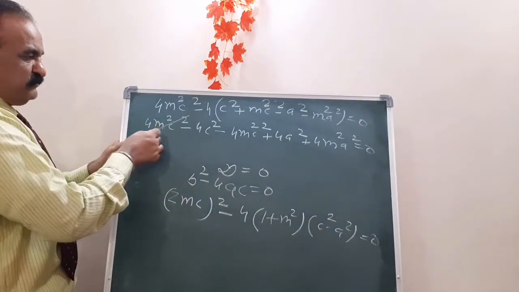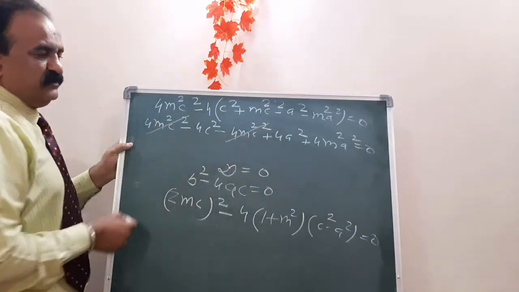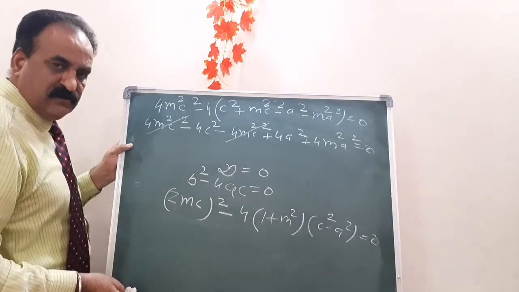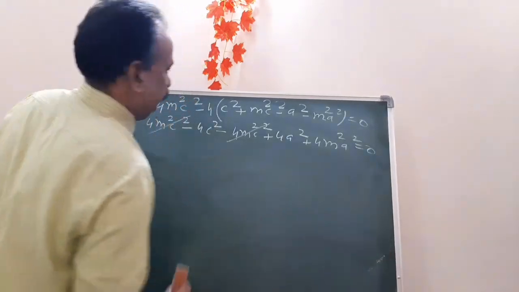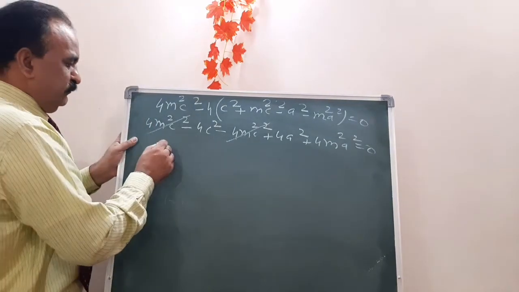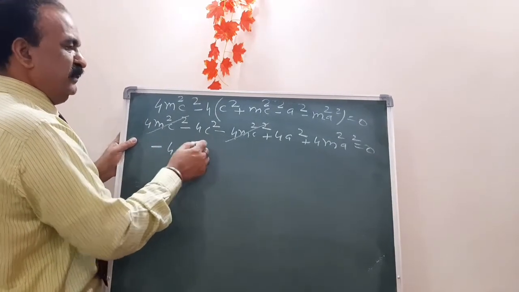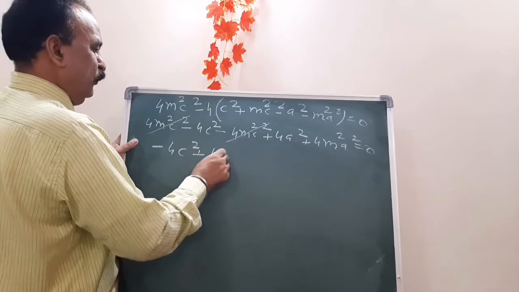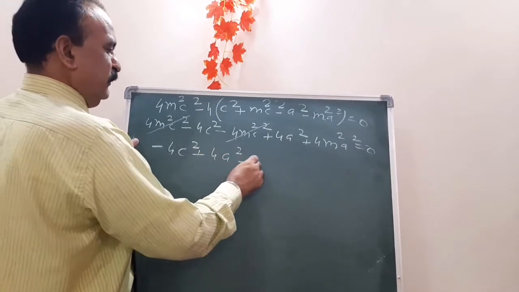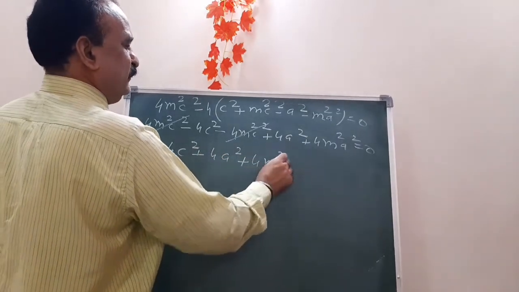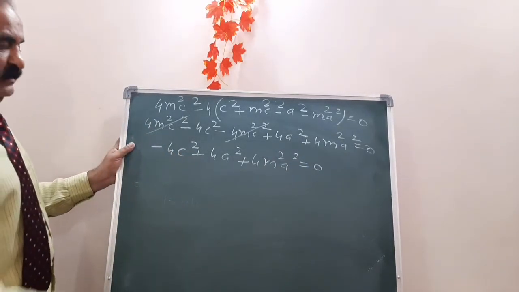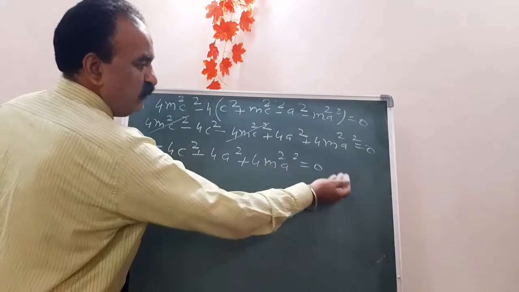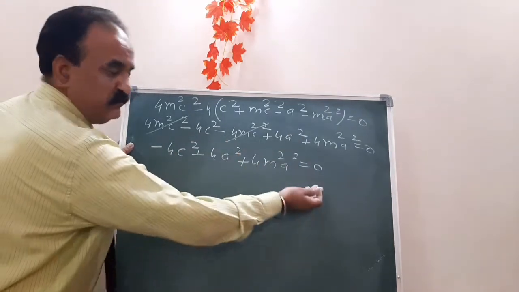Now 4m square c square and minus 4m square c square will get cancelled. Okay? Now see here. Here it is left: minus 4c square plus 4a square plus 4m square a square equal to 0. Right? Transfer minus 4c square to that side, so it becomes positive.